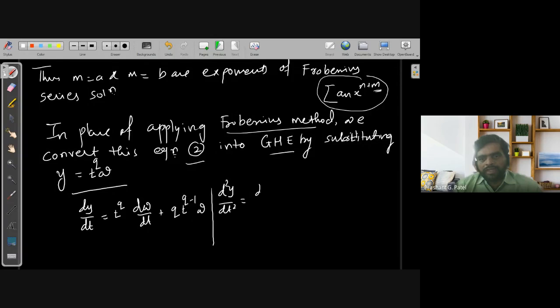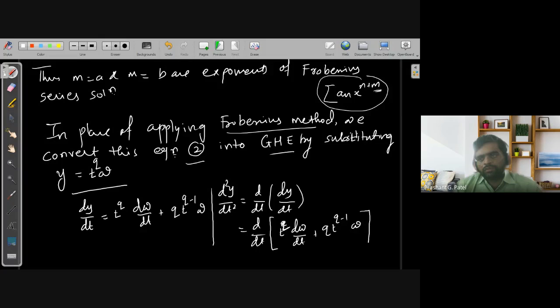That is d by dt of dy by dt, that is d by dt of this whole thing, that is t power q dw by dt plus q into t power q minus 1 w. So you have to apply first the addition rule for this derivative and then the product rule for the derivative.